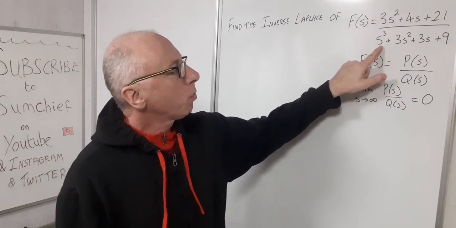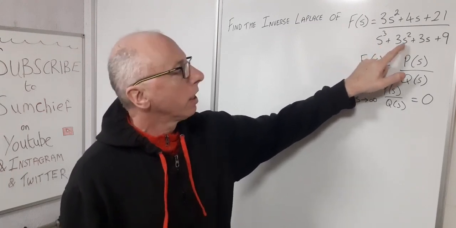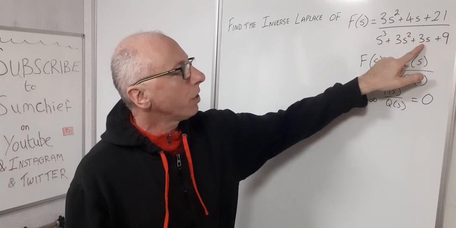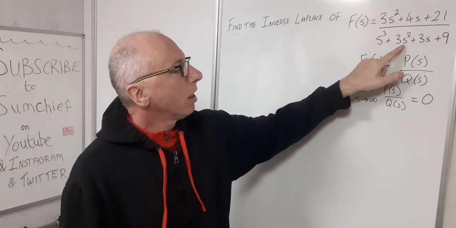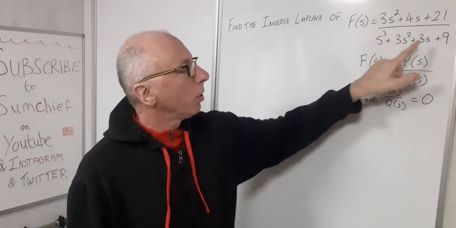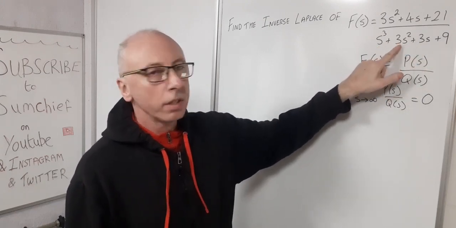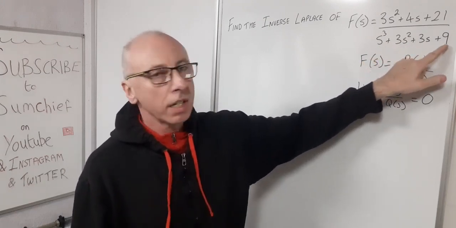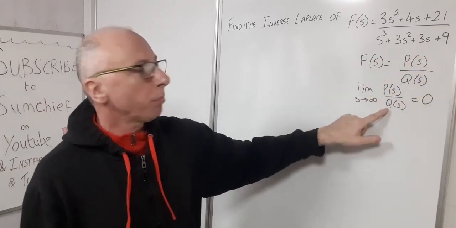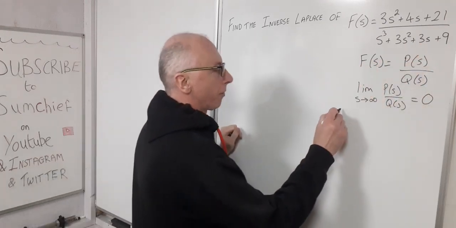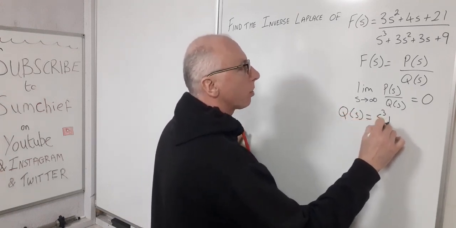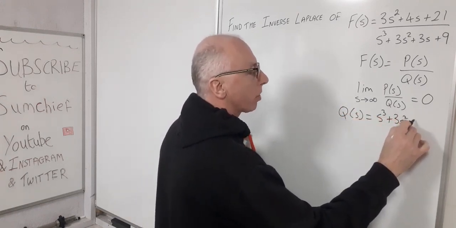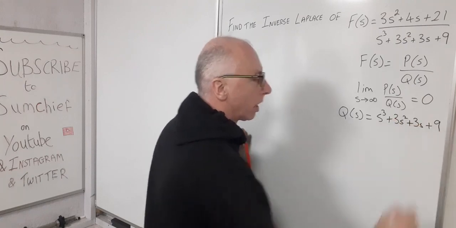So the coefficient here is 1 and this one is 3, and then next to this we've got a coefficient of 3 followed by a coefficient of 9. Each of these is increasing by threefold each time, so 1 and then 3 and then 3 and then 9. So let's break down our Q(s). Q(s) equals s³ + 3s² + 3s + 9.